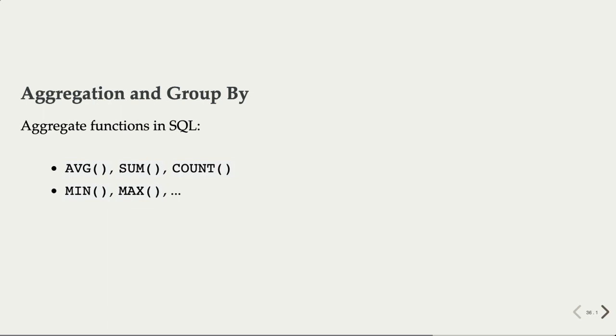These are among many other functions that you can use. There are also special functions available in different dialects, in different systems, such as Oracle or MySQL and so forth. But let's take a look at these aggregate functions and how we can use them to run statistics.